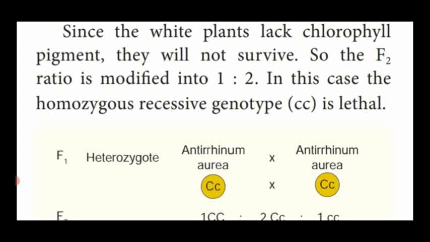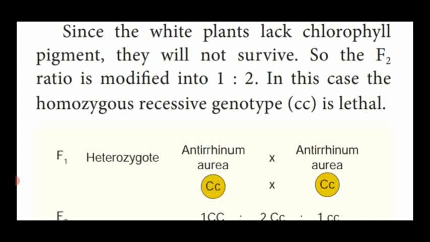Since the white plants lack the chlorophyll pigment, no chlorophyll pigment means what? No photosynthesis occurs, isn't it? So the plants are unable to prepare their food material. So the plants cannot survive. They cannot live, so it will die.